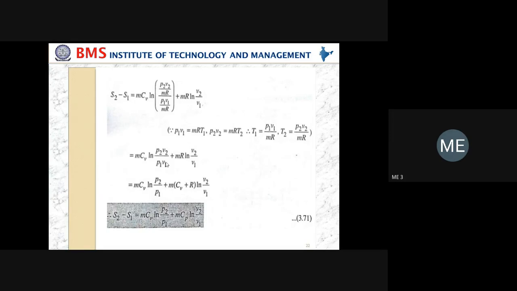Because V2 by V1 is there in both terms, you can split and add, so you take m into Cv plus R into ln V2 by V1. We can rewrite like this.